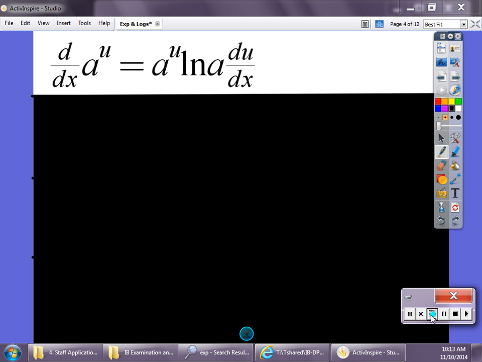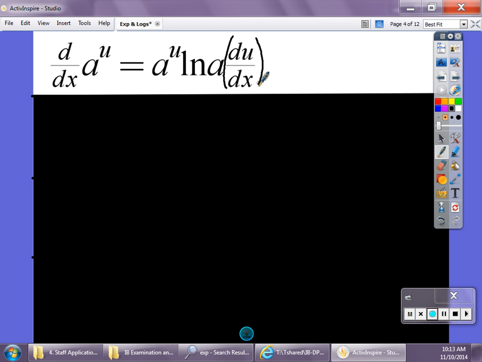So let's say they asked, what's the derivative of 4 to the x? If this was 4 and this was x, then the derivative would be 4 to the x, natural log of 4, times, well, what's the derivative of x? 1.